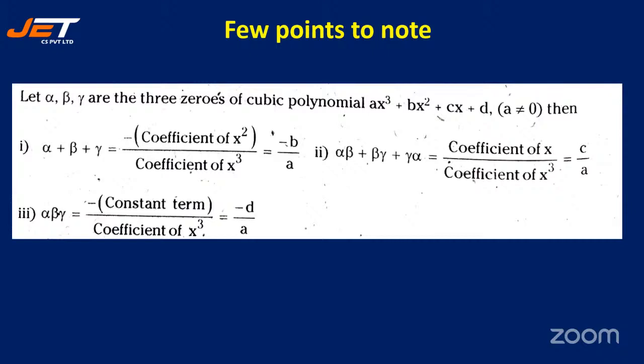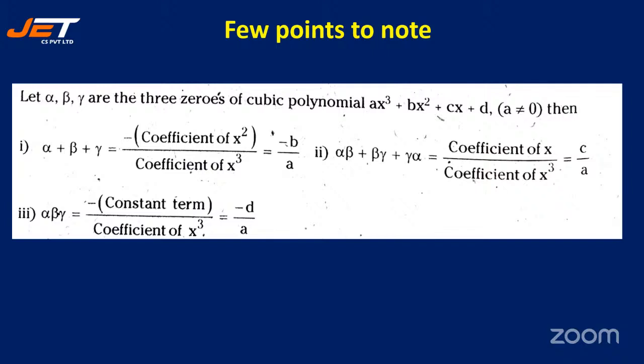Now let alpha, beta, gamma be the three zeros of a cubic polynomial ax cube plus bx square plus cx plus d, where a is not equal to 0. Then alpha plus beta plus gamma is equal to minus the coefficient of x square by the coefficient of x cube, that is minus b by a.